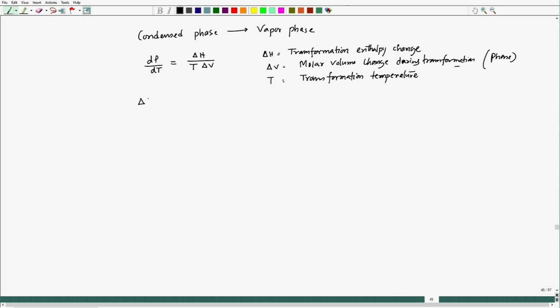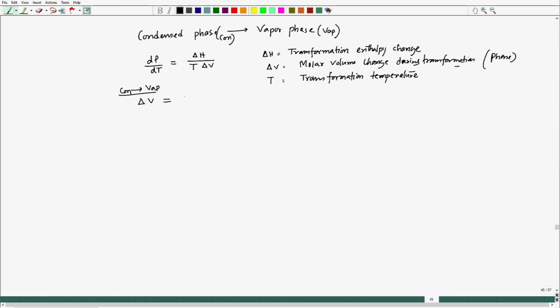Now, del V, let us say I am considering a condensed phase, C, transforming to the vapor phase, V. I can write it as condensed to vapor.